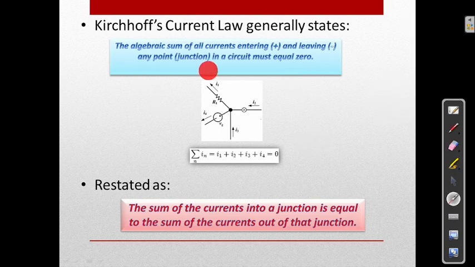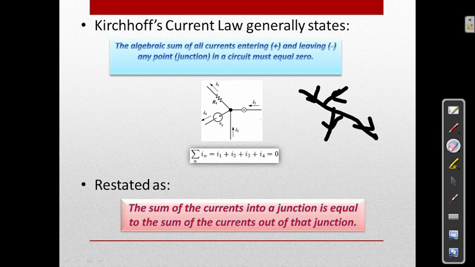The algebraic sum of the currents entering and leaving at a point, a junction in the circuit, must be equal to 0. We can say it like this also: the sum of incoming currents is equal to the sum of outgoing currents. For example, at a junction, if these two are incoming currents, their sum is equal to the sum of the outgoing currents. This is also Kirchhoff's current law.